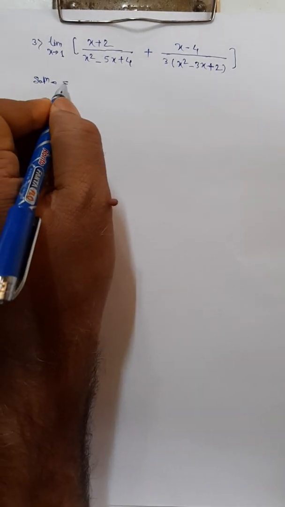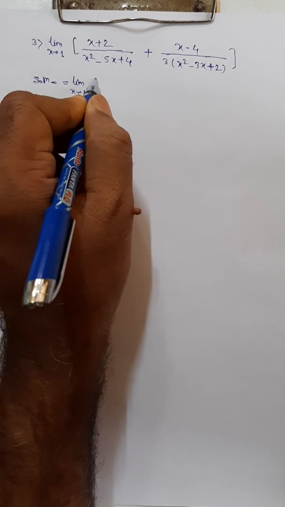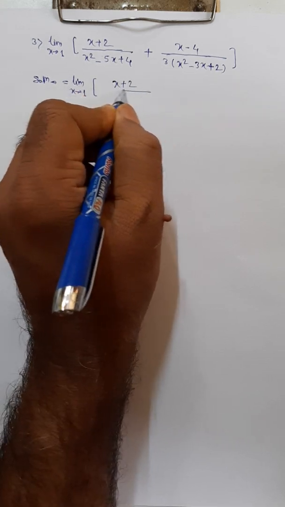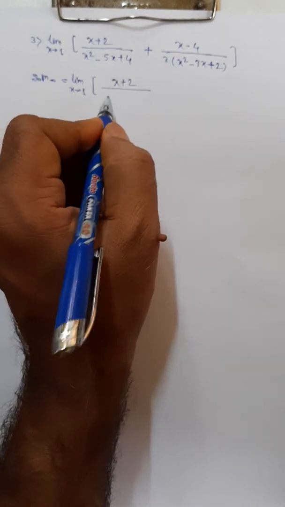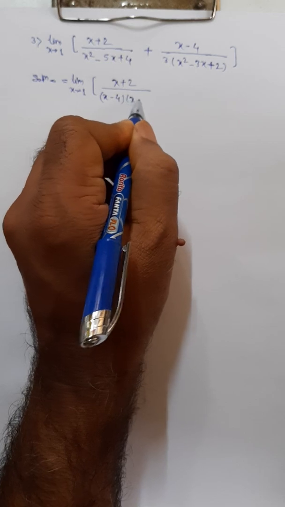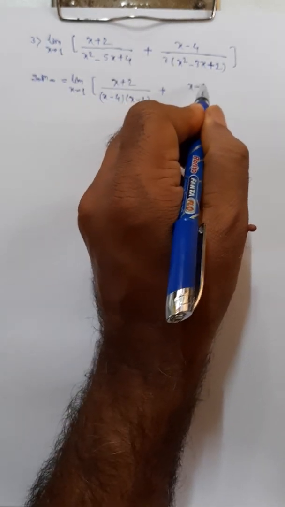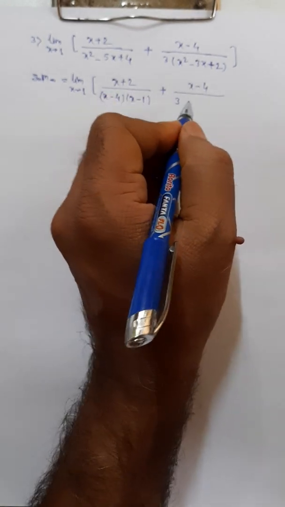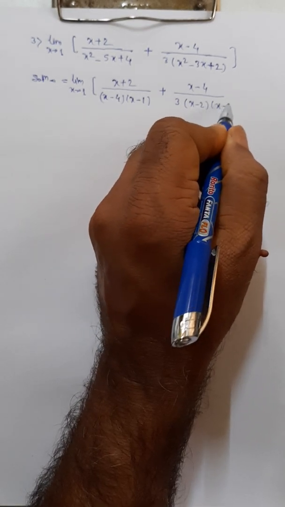So it is equal to limit as x tends to 1, x plus 2 divided by, the denominator is a quadratic expression, factorize, factors are x minus 4, x minus 1, plus x minus 4 divided by 3, again factorize this, factors are x minus 2, x minus 1.